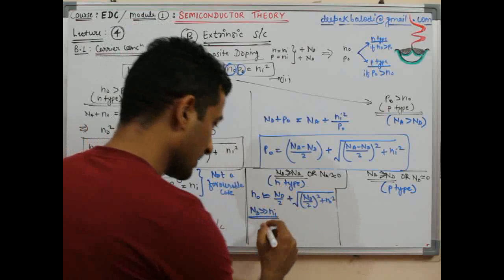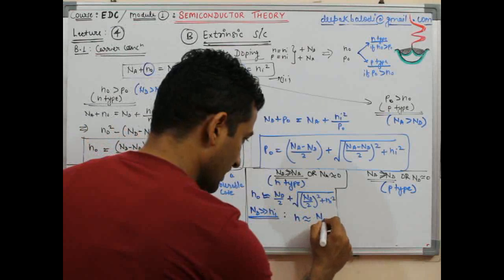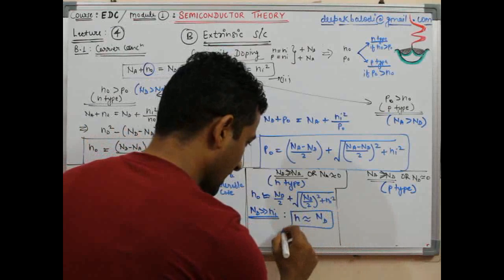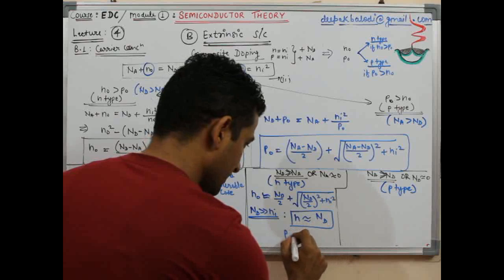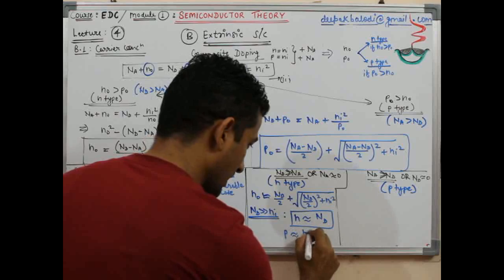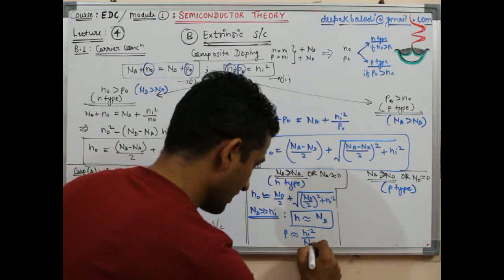Nd by 2 plus Nd by 2 will make n approximately Nd, and this is the majority carrier, and p therefore will be approximately Ni square by n, and n has been calculated as Nd.